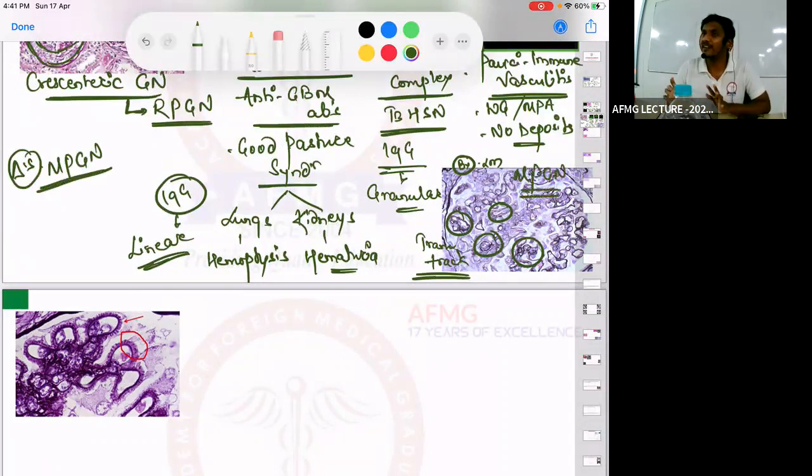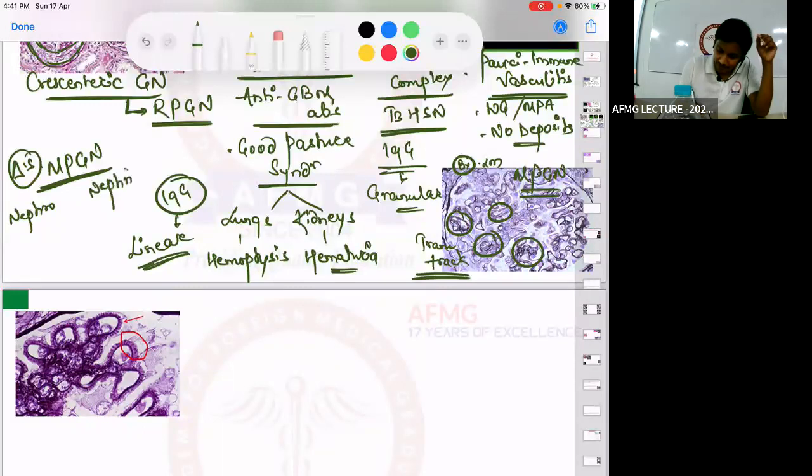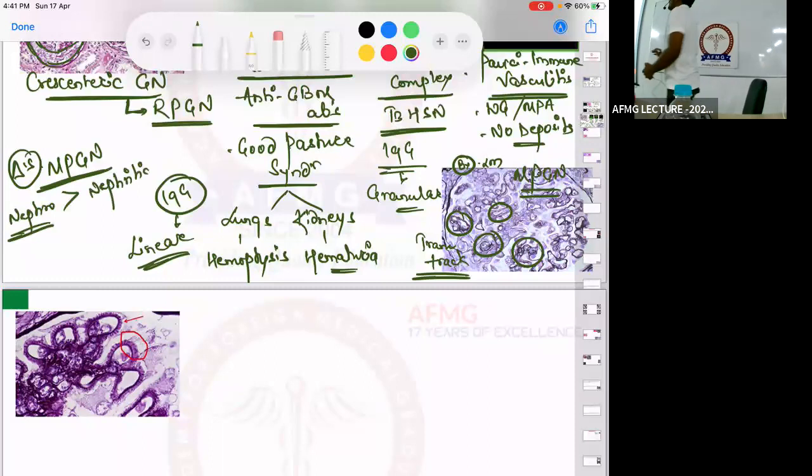Membranoproliferative glomerulonephritis. By this you can understand, here we will have features of both nephrotic as well as nephritic syndrome. Which features more? Mostly features of nephrotic syndrome. Okay? So membranoproliferative glomerulonephritis, which type of appearance on kidney biopsy? Tram-track appearance, also called double contour basement membrane.